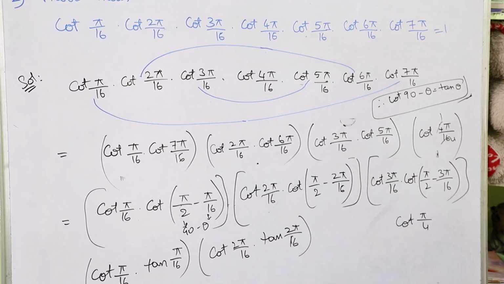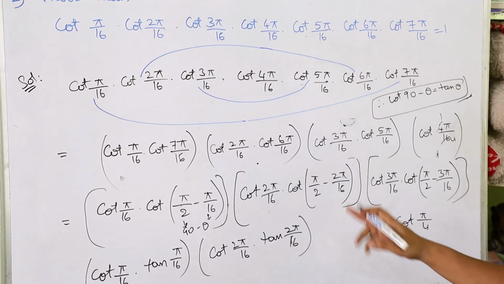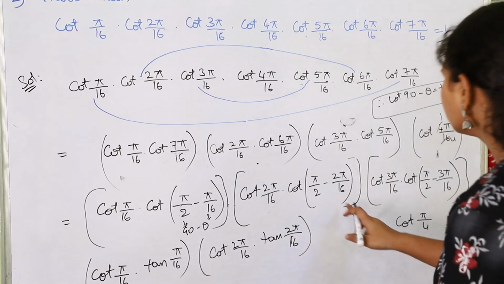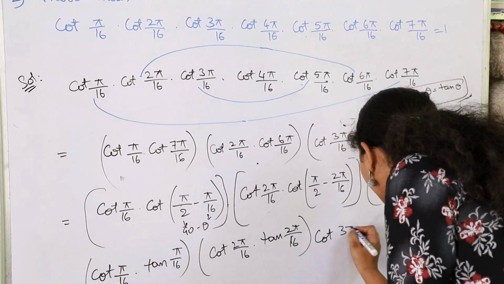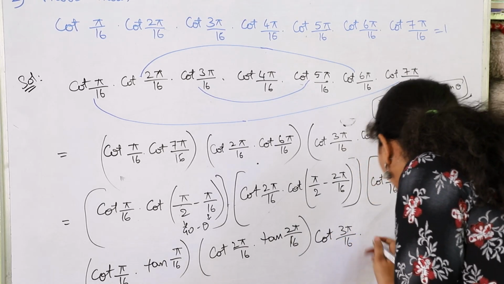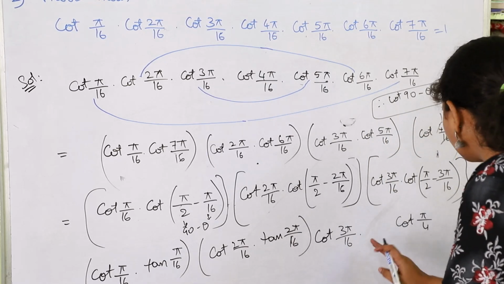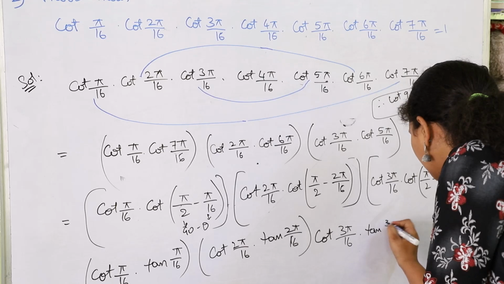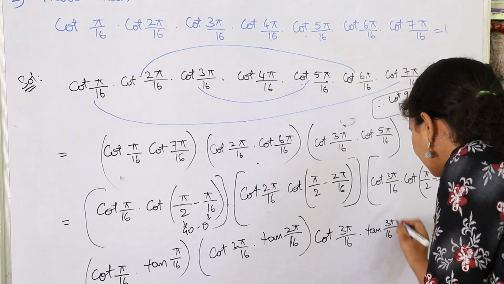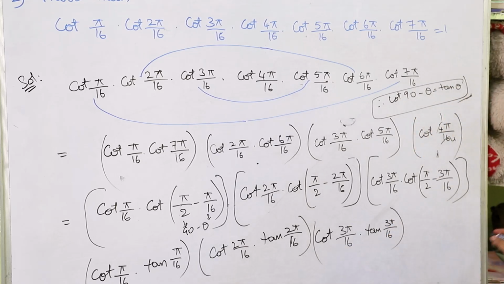And next, we have cot 3 pi by 16 into tan 3 pi by 16. Clear?